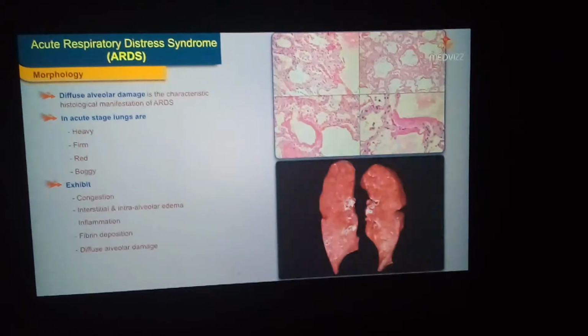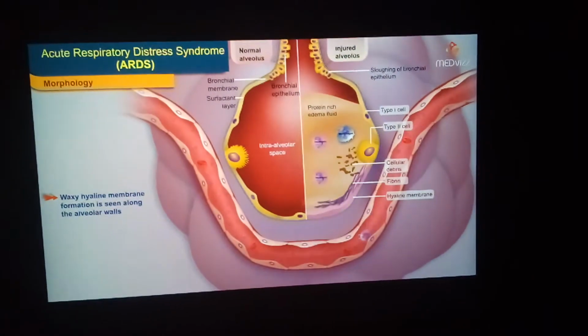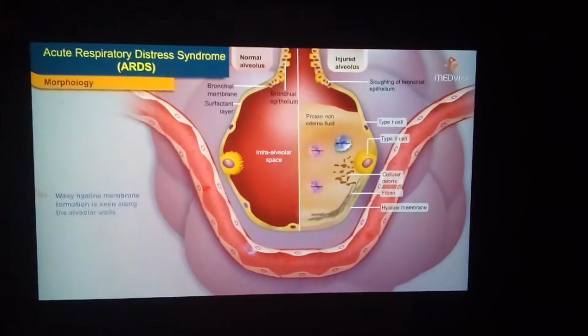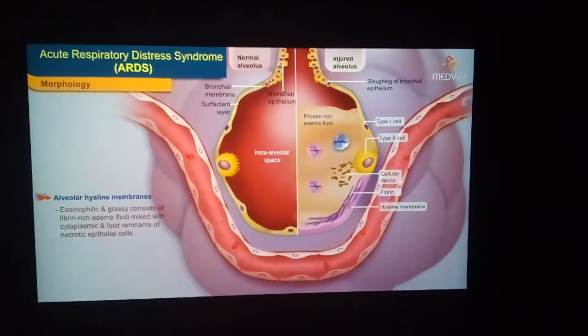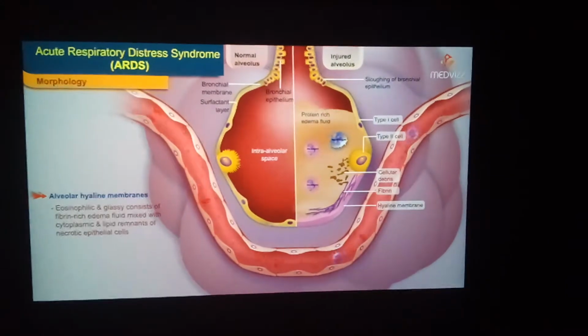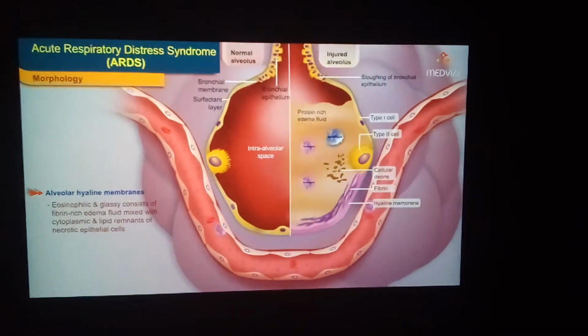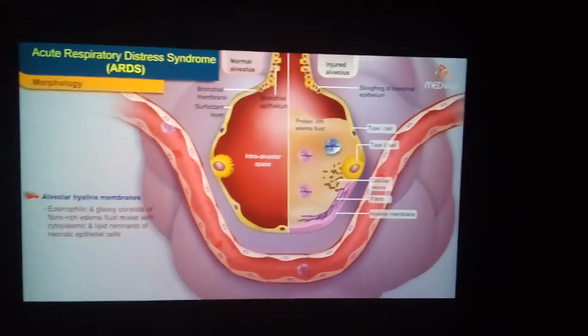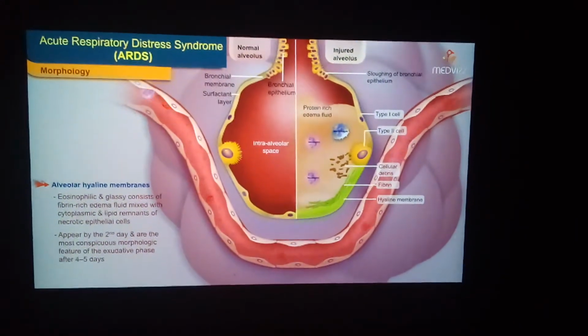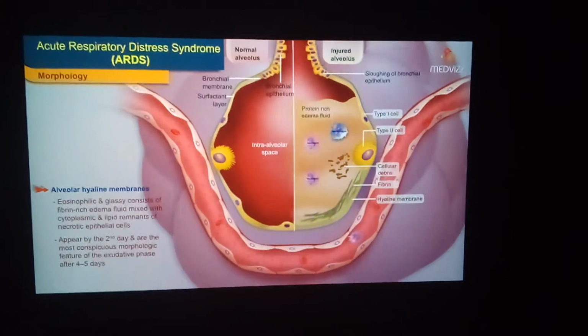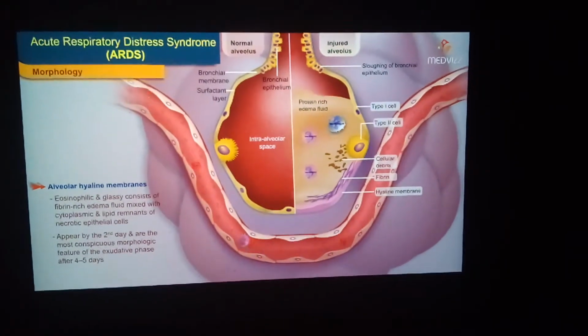The alveolar walls become lined with waxy hyaline membranes. Alveolar hyaline membranes are eosinophilic and glassy and consist of fibrin-rich edema fluid mixed with cytoplasmic and lipid remnants of necrotic epithelial cells. Hyaline membranes appear by the second day and are the most conspicuous morphologic feature of the exudative phase after 4 to 5 days.